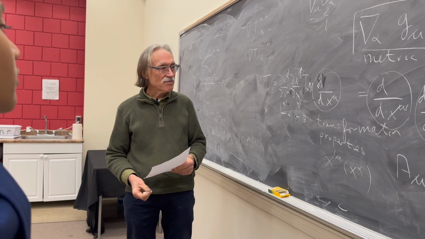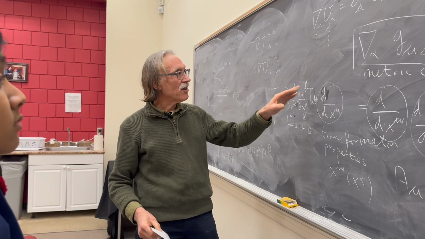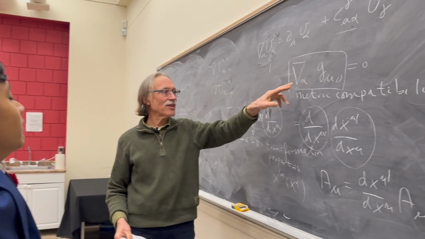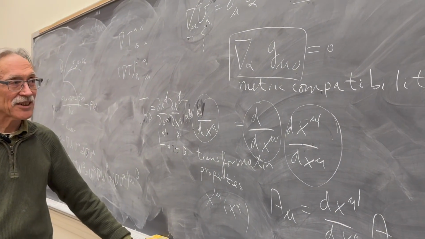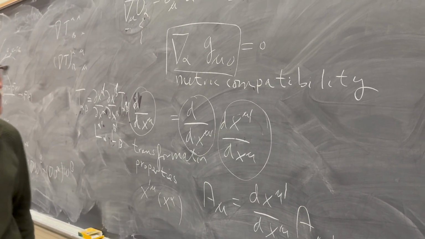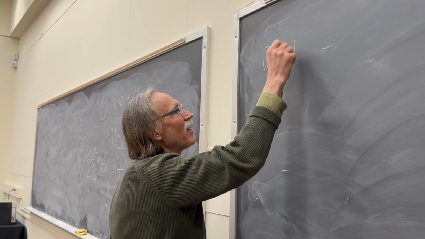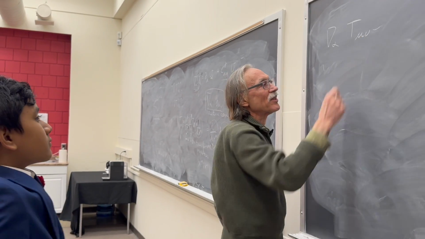So the first thing, we now know how this acts on a vector. The first thing you have to know is how this acts on a tensor. So you have, in general, delta alpha on a tensor, say T mu nu.